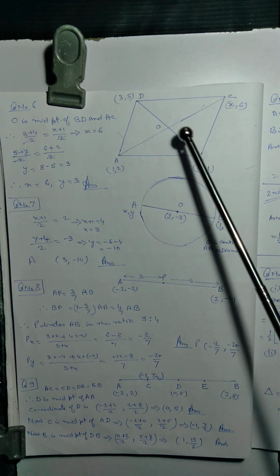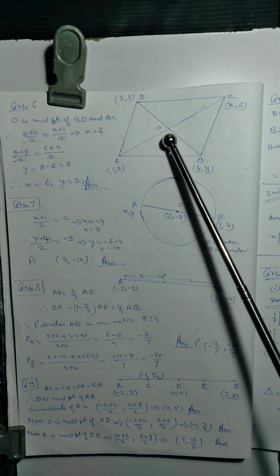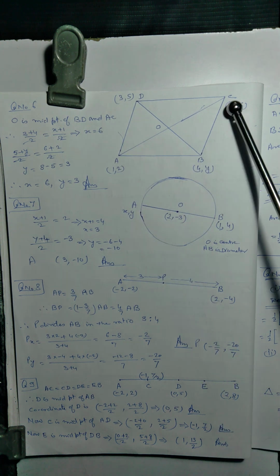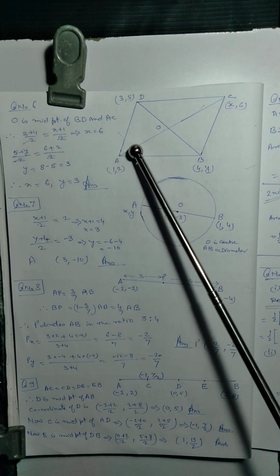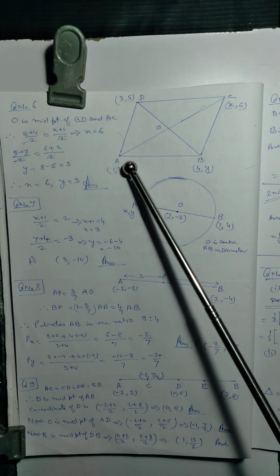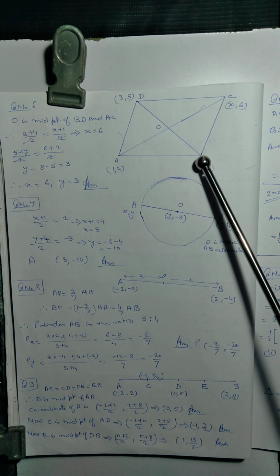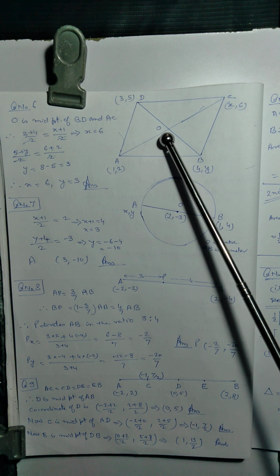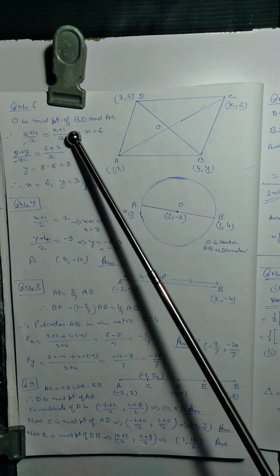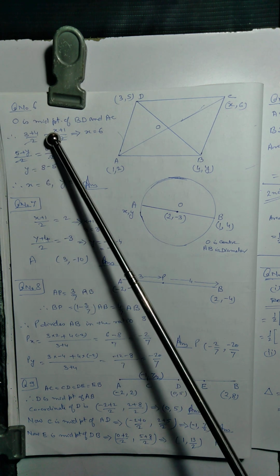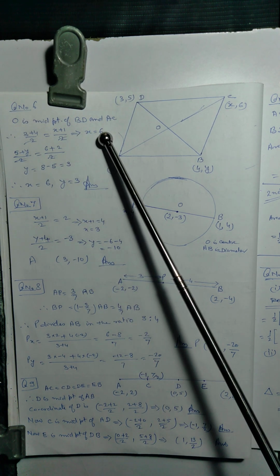means AC and BD will intersect each other at the point O, and O will be the midpoint of both the diagonals. Means the midpoint of AC is O and midpoint of BD is also O. So O is the midpoint of BD and AC. Here I have written, you see, O is the midpoint of BD and AC.